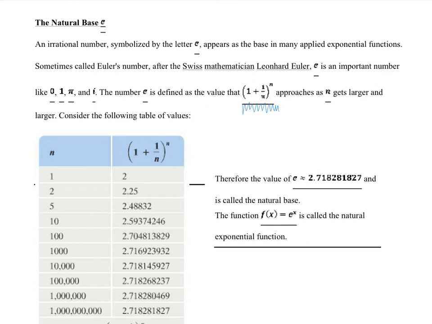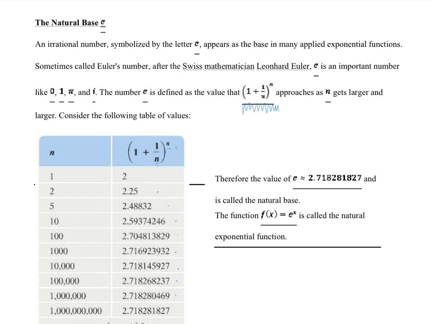Well, if you take this expression, 1 plus 1 over n, all raised to the n power, look at what happens as n gets larger and larger. Well, when n is 1, we just have 2. If we let n equal 2, notice how we're increasing the values of e.